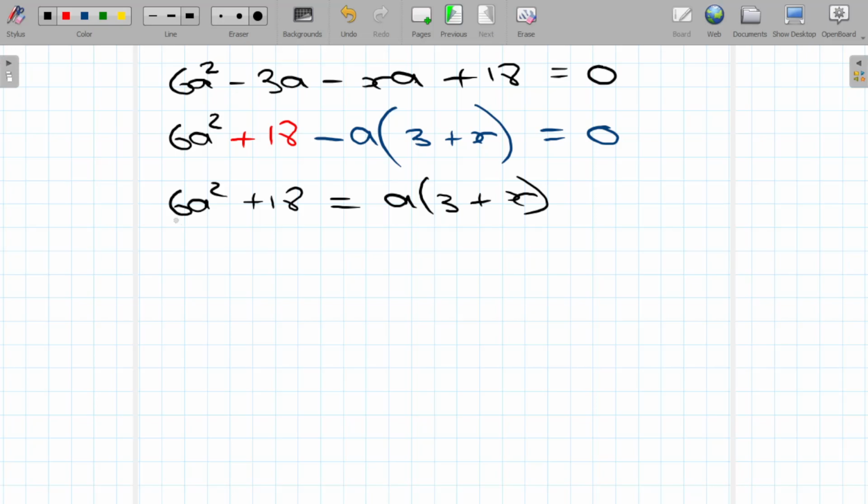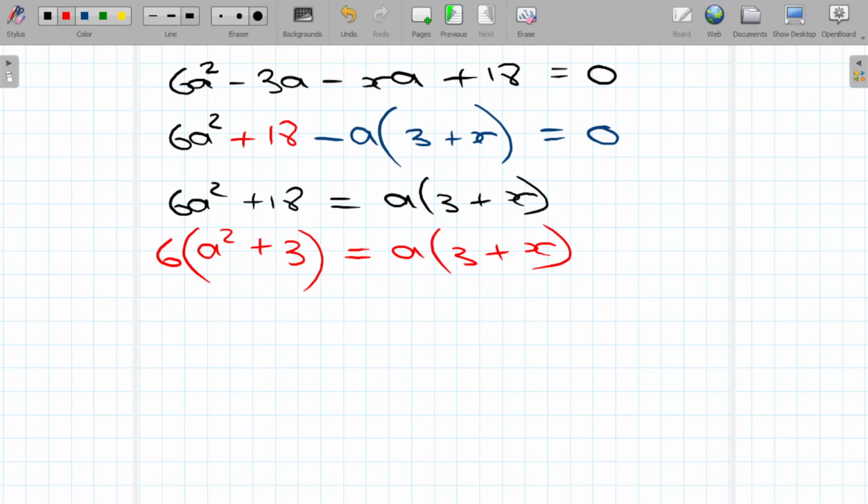So we can factor out the 6. So let's just go to red. So we've got 6 times a squared plus 3. And that's equal to a times 3 plus x. Right?